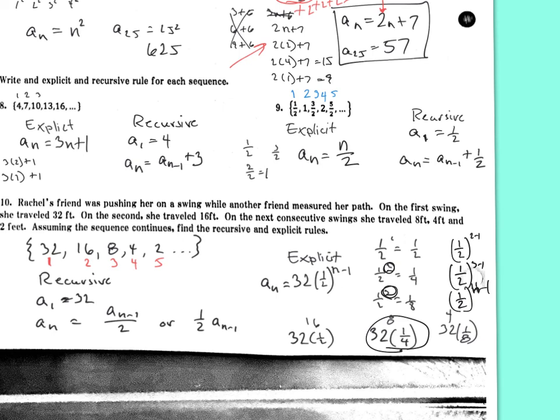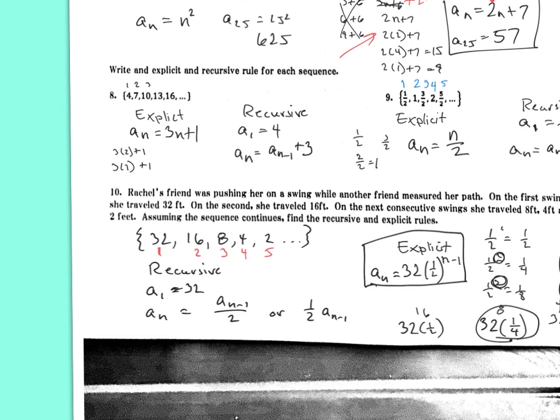So 4 minus 1. That's how I knew that I had to subtract 1 in my power. There's probably other answers for this, but because this is the one in my head, I can't come up with another answer. So if you have another answer that works, you could be correct. So it's not like there's only one correct answer for these. That was just the one that I came up with.